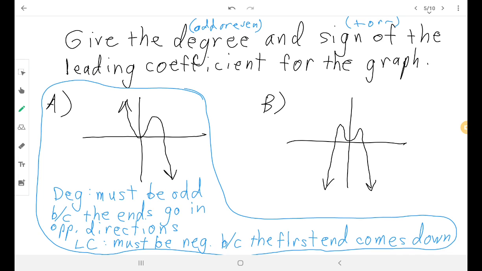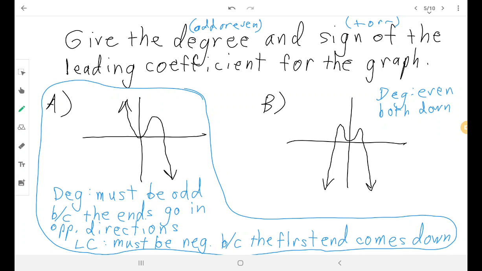Try and isolate that. And then for B, the degree must be even, because they both go down. That is, the ends, the end behavior, both go down. And it's not really down, it's just in the same direction. Okay? If you've got opposite directions, your degree is odd.